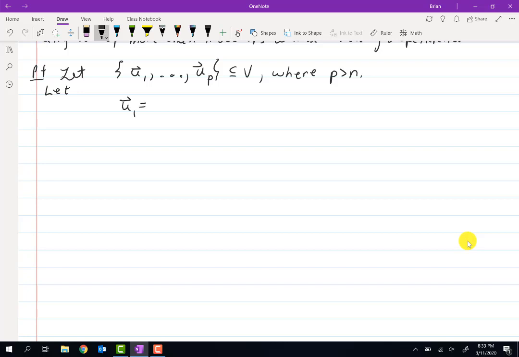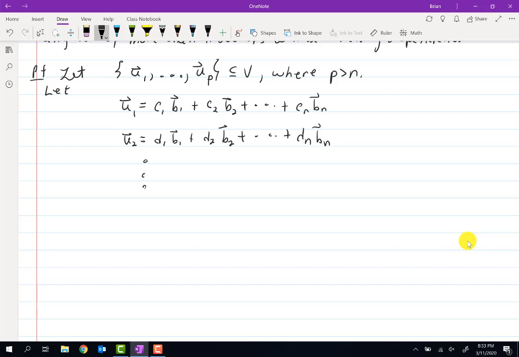So U1, I could do C1 B1 plus C2 B2 up to Cn Bn. And then for U2, let's do D1 B1 plus D2 B2 plus dot dot dot plus Dn Bn, and so on, until U sub P will equal, well, there's an issue right here.